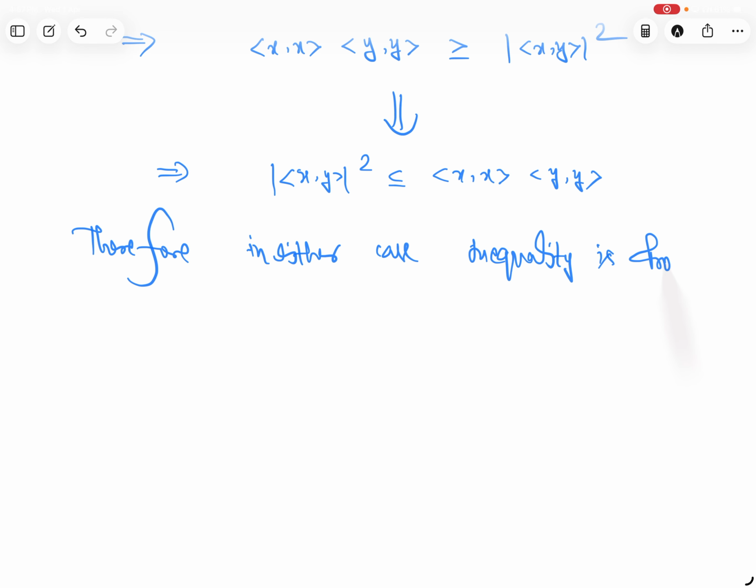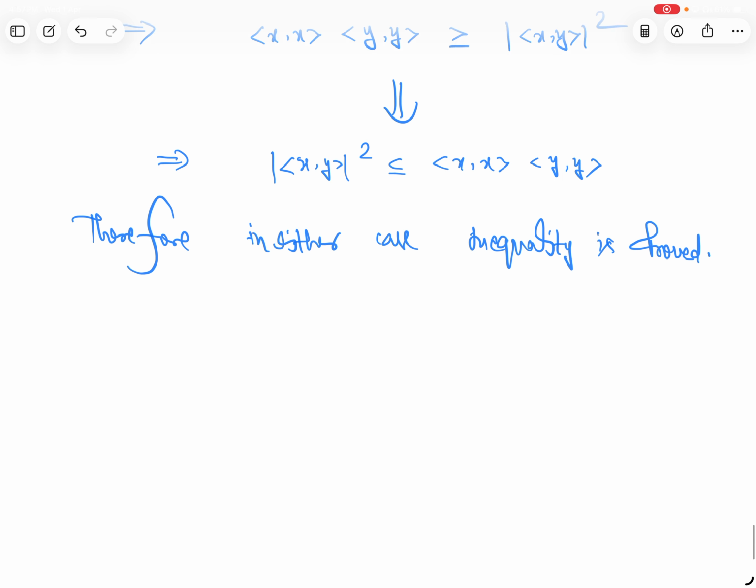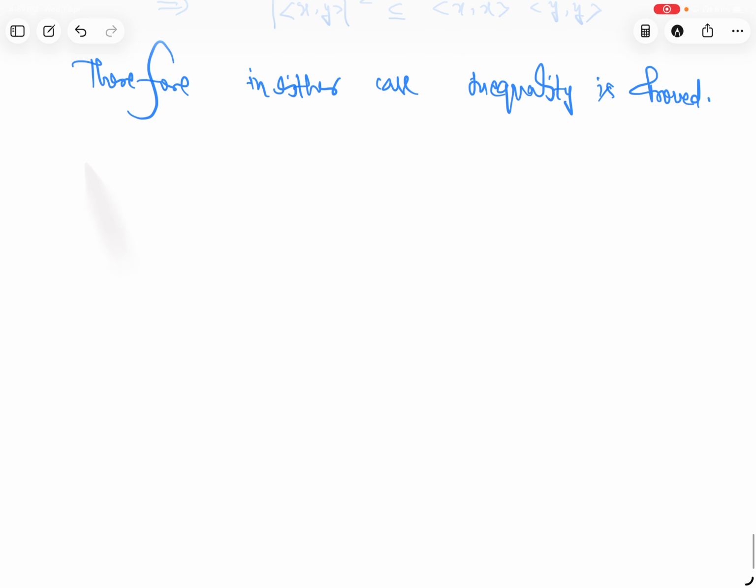Now we have to deal with when the equality holds, if x, y are dependent. Next, first assume that equality holds.